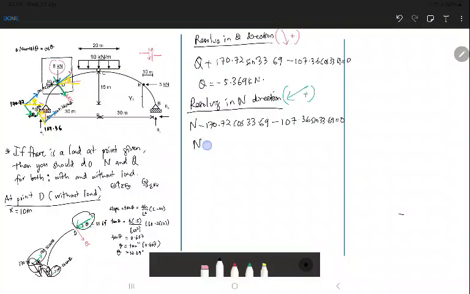So you got N is equal to 201.6 kilonewton. Okay, this one is without load.